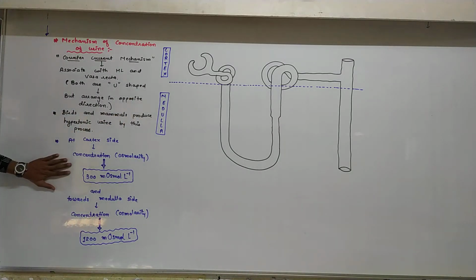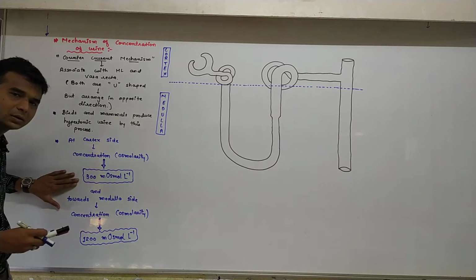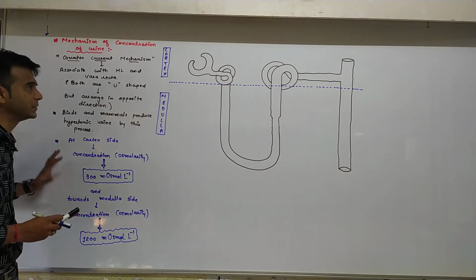In the nephron as well as the vasa recta, this point is very common.